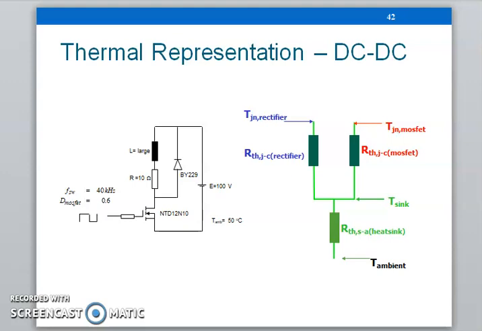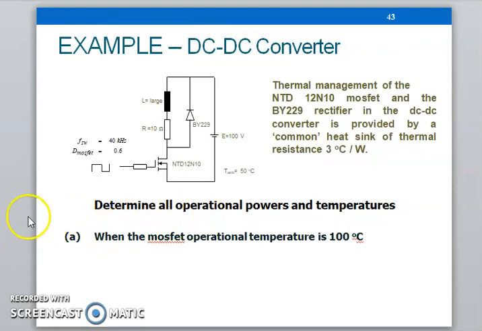So this is an example of a common heatsink that is practiced. Okay, later we'll discuss this DC converter, which uses a certain part number, consisting of a diode and MOSFET. So we'll proceed to the next slide for this example.